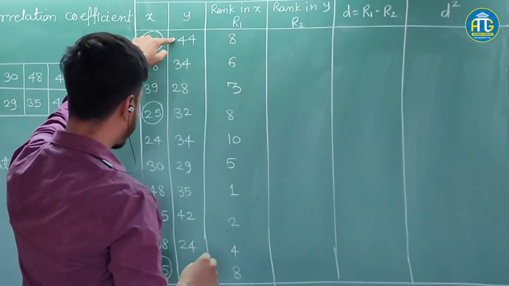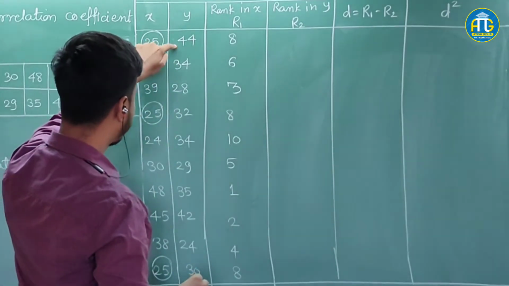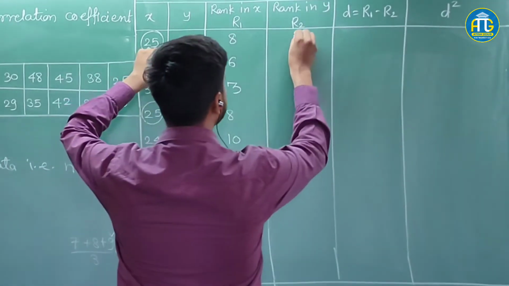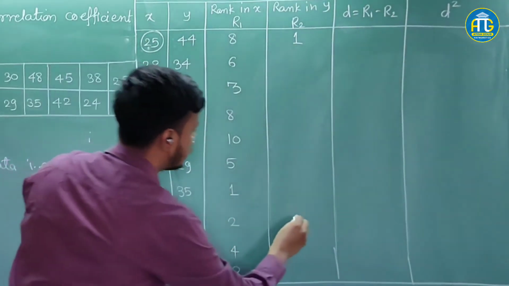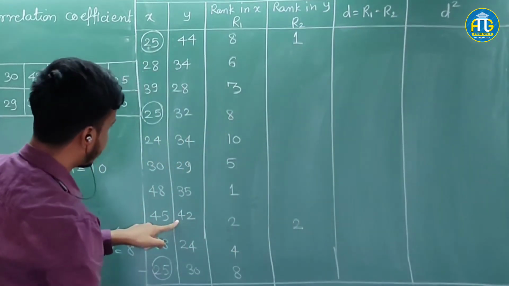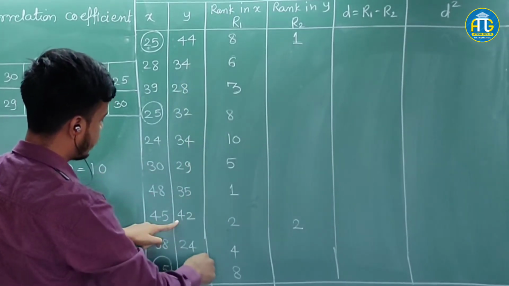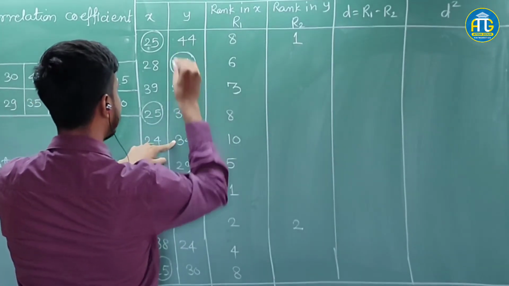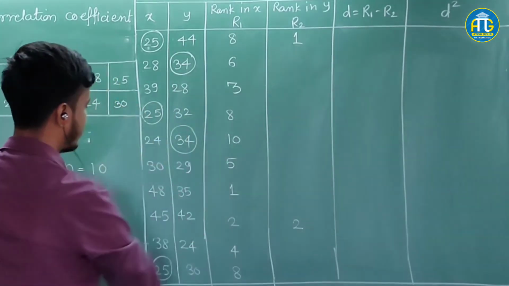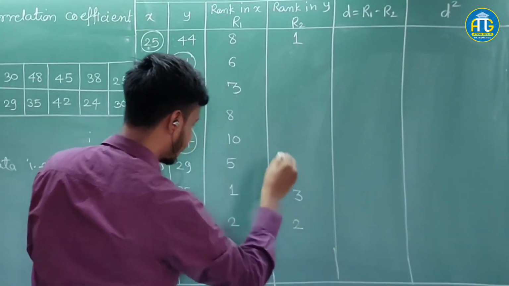Likewise, you can assign rank in y. In y, the biggest value we have here is 44, so it will get rank 1. Then after 44, we have 42, which will get rank 2. Then we have 35, so 35 will get rank 3.